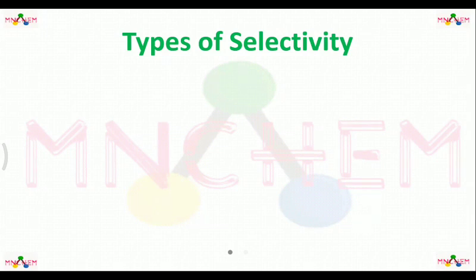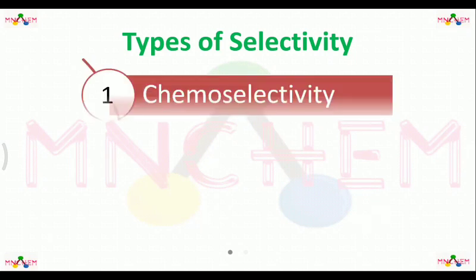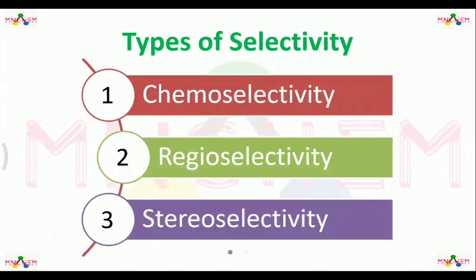So there are three types of selectivity, namely chemoselectivity, regioselectivity, and stereoselectivity. For today's discussion, we'll be discussing two types, chemoselectivity and regioselectivity.